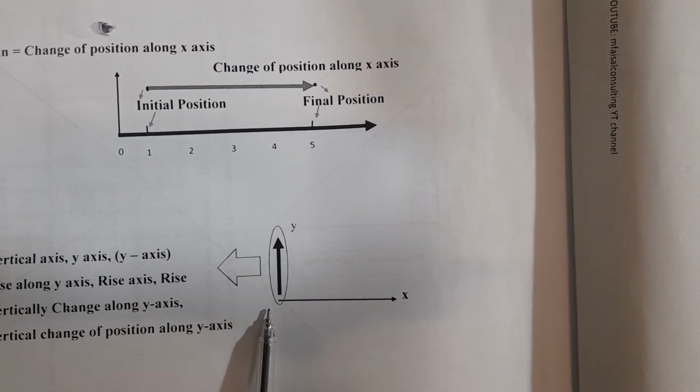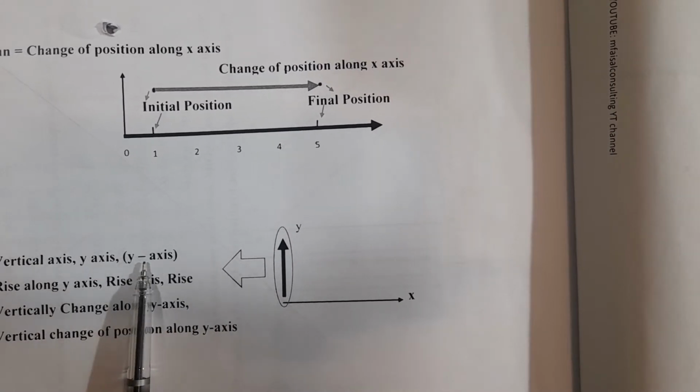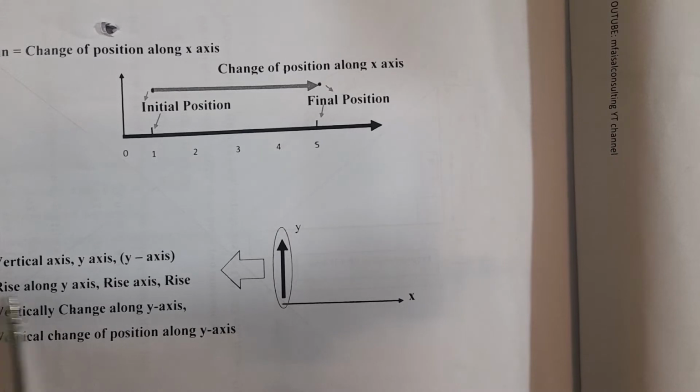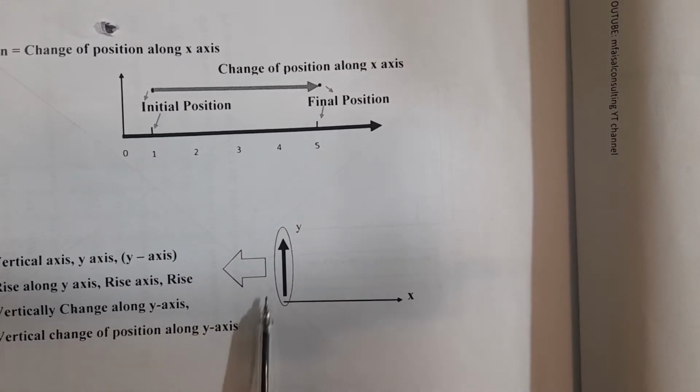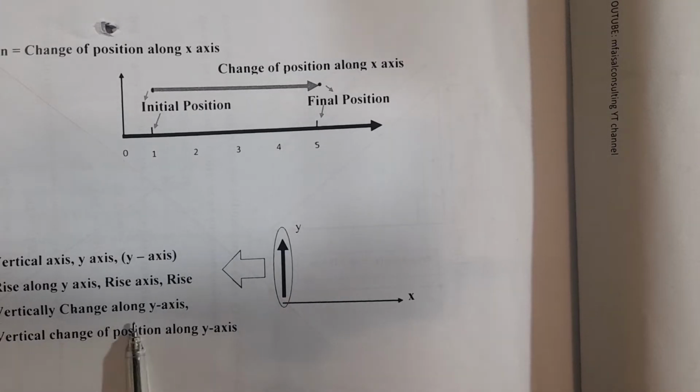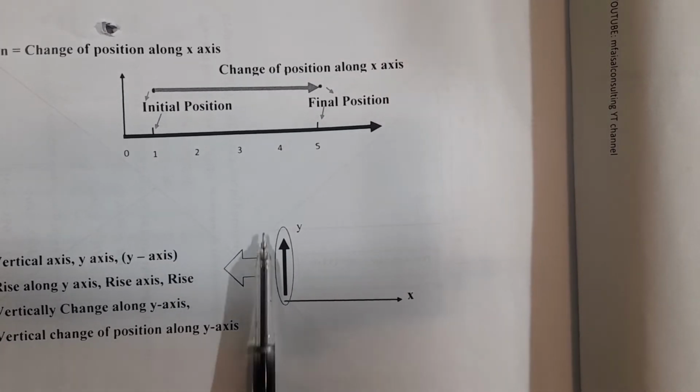This is the y-axis. It's also known as the vertical axis. Rise along the y-axis, the rise axis, is the vertical change of position along the y-axis.